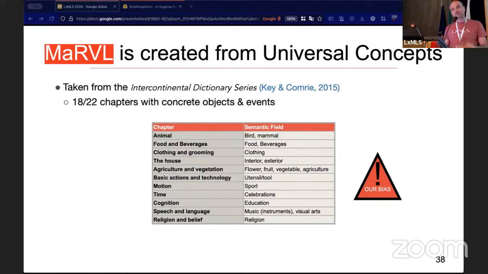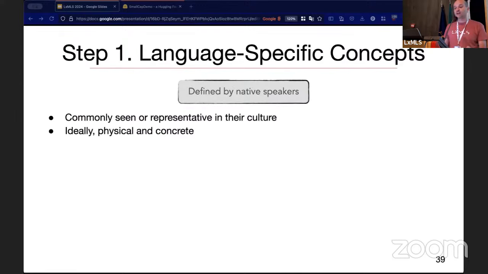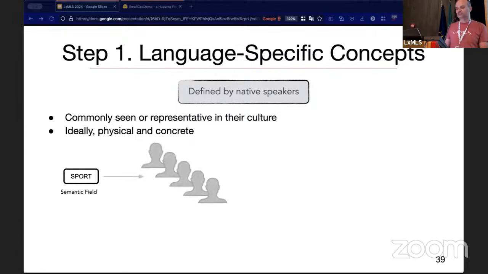And this was the bias we introduced into the data collection process. From there, we asked native speakers to give us lists of language-specific concepts related to a particular chapter within the dictionary series. And they should be commonly seen or representative, and ideally, they should be a physical or a concrete object instead of an abstract notion.